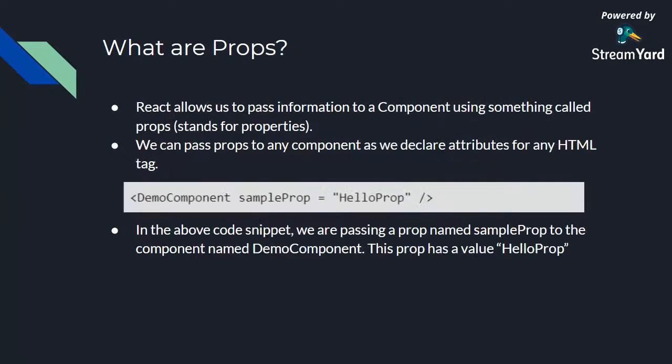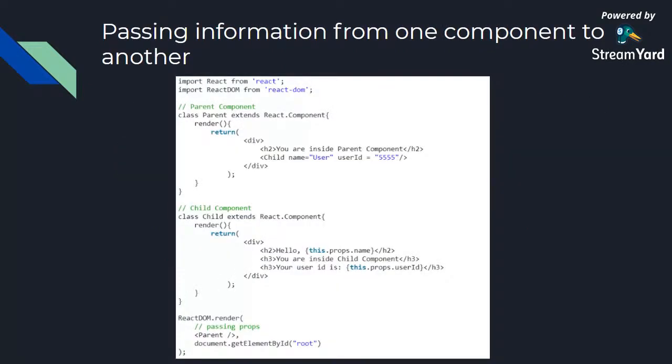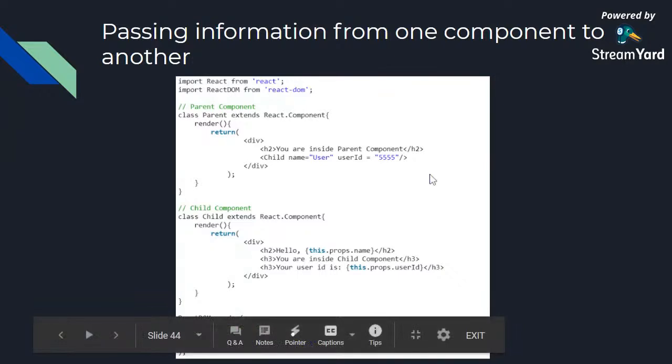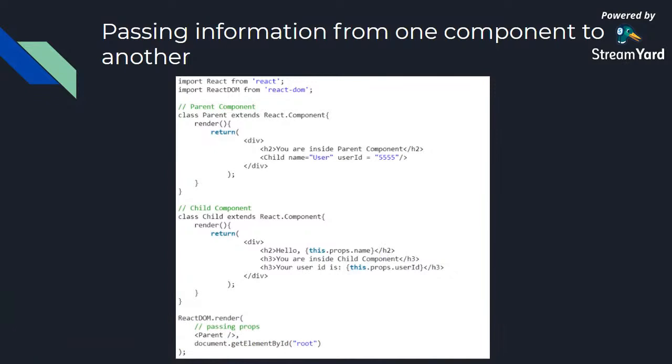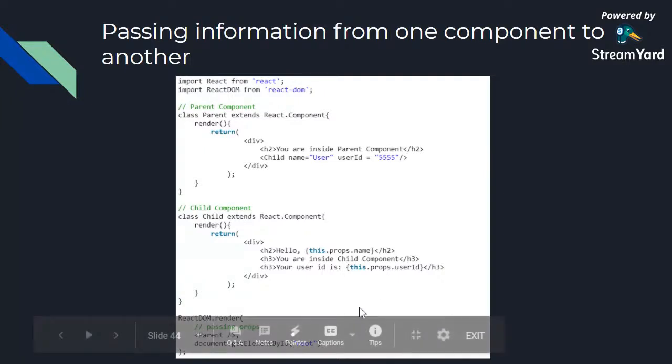One of the things that I forgot to mention is that props can be anything. Right now I've just given an example of strings passing from one component to another, but props can be an object, an array, or a function as well. For example, a parent component has a function called ABC, which needs to be executed on a button click of a child component.